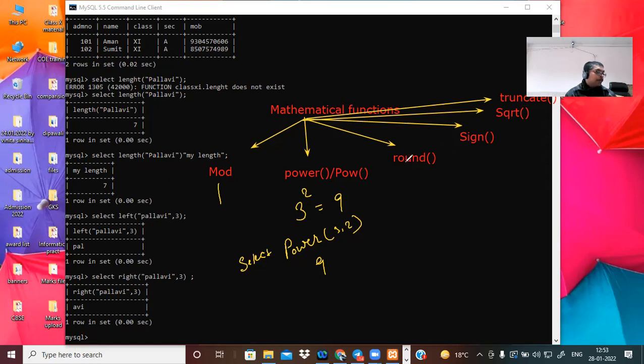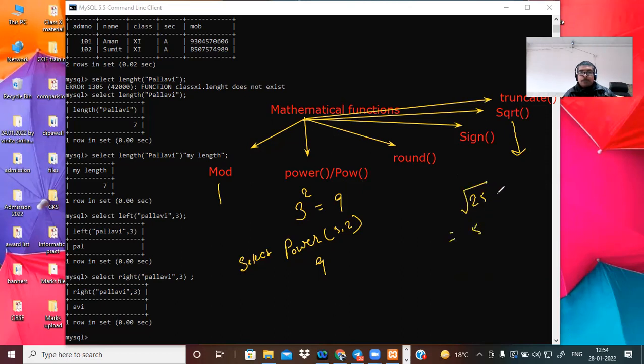Next we need to learn Sqrt. It gives us the square root. It gives the square root, like if we write 25, it gives 5.